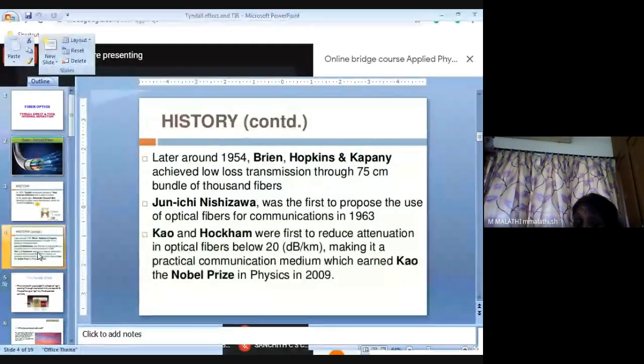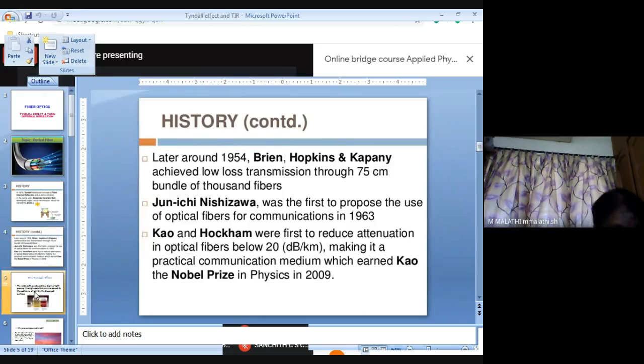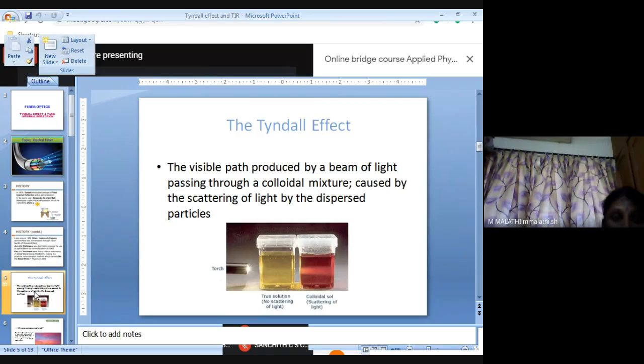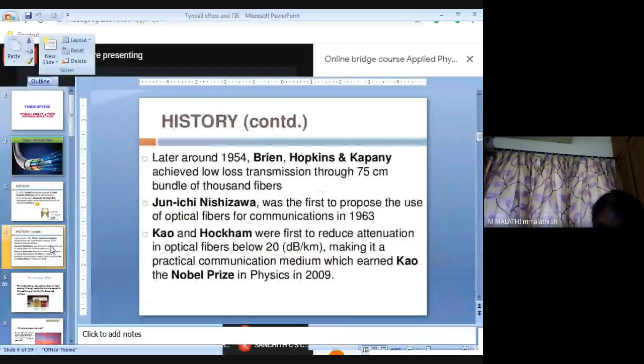So for that demonstration, which was done by Kao and Hockham, Kao earned a Nobel Prize for it. This is a notable one for you. This is information for you. Now, okay, this is the history of how the optical fiber was made. Corning laboratory, two workers from there actually constructed this optical fiber.